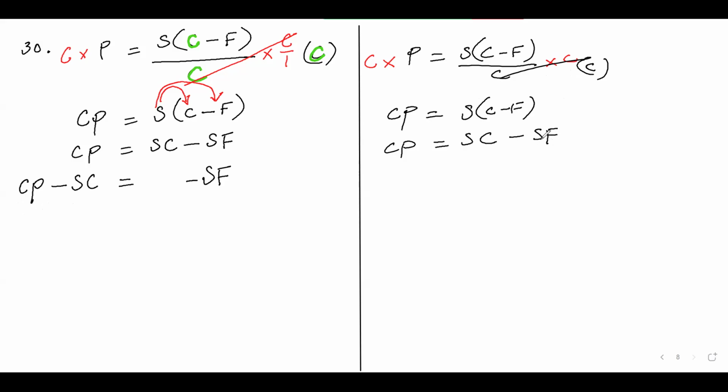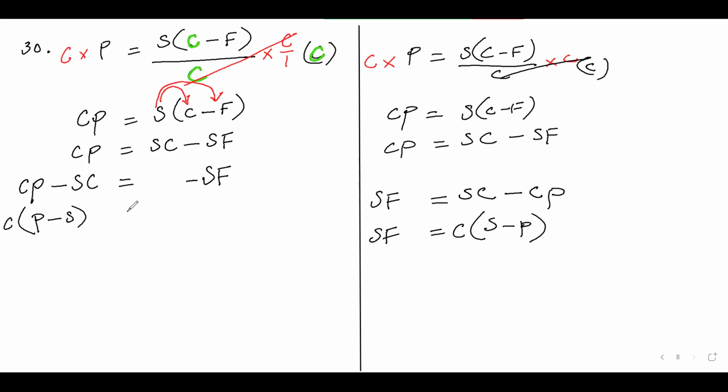Now, what I'm going to do, I'm carrying my SF to the other side, making it positive, and I'm taking the CP and carrying it to the other side, making it negative. Now I'm going to factorize on both sides. So this is S minus P. If I do it on this side, it is P minus S equals negative SF.